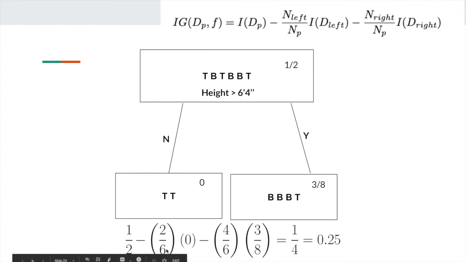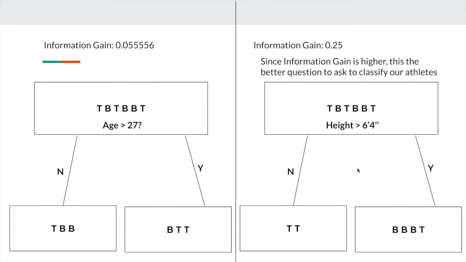Right? Hopefully all of these make sense. 0 here because there's a 0, 2 over 6 because there's 2, and the number of entities in the parent were 6, and so on. So here the information gain was 0.055 repeating, and here it was 0.25.